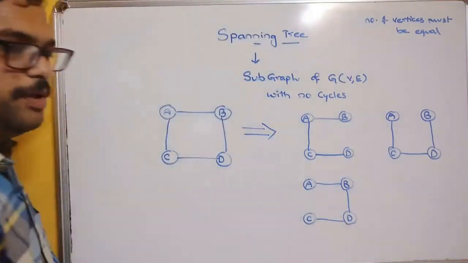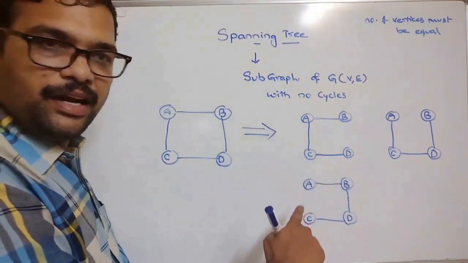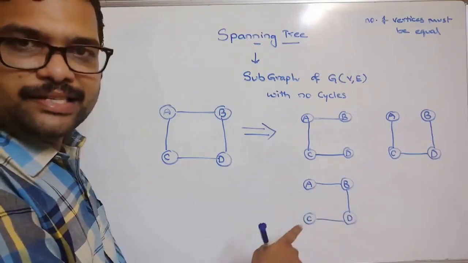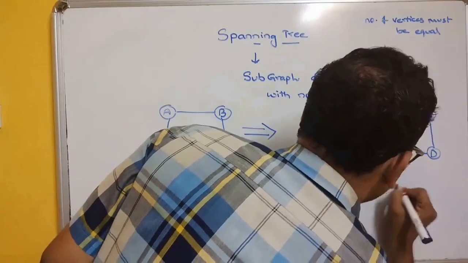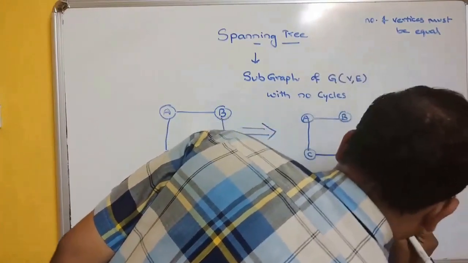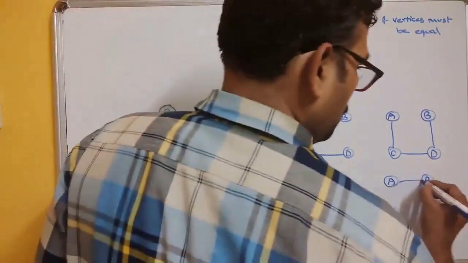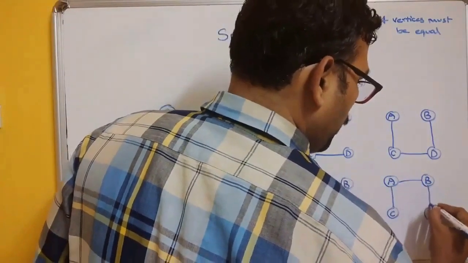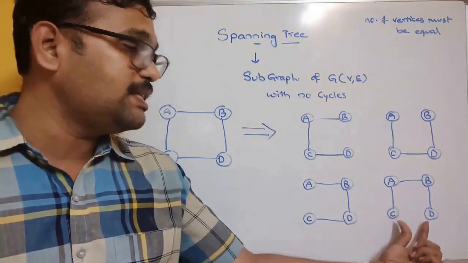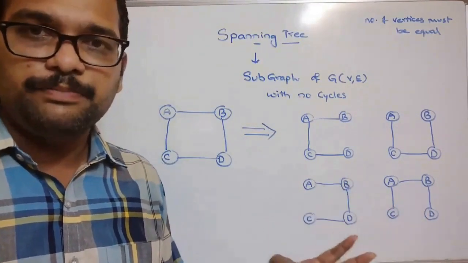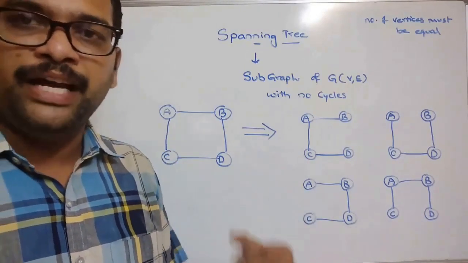So this is one more possibility, right? Here also all the 4 vertices have been connected with n minus 1 edges, and there is one more possibility here. Here also all the 4 vertices have been connected with 3 edges, because we are having 4 vertices, so the number of edges must be 4 minus 1.